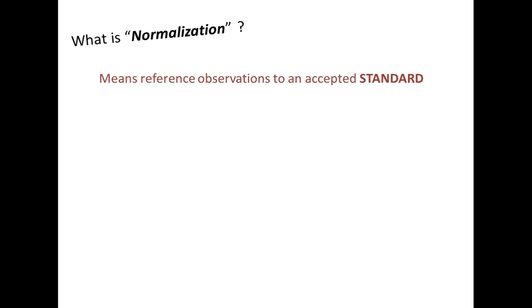Well, what is normalization? I'm going to tell you now, it's nothing new, but it's a big word. And it amounts to referencing your observations to some kind of a standard. That standard is unique to your field, your situation.